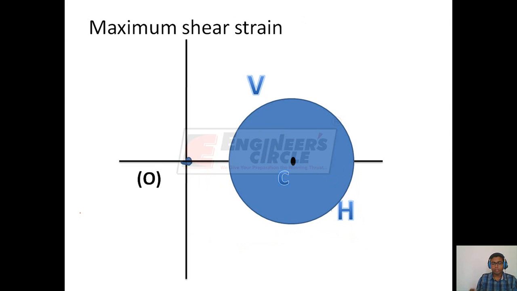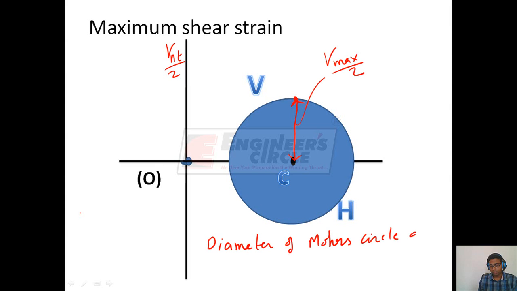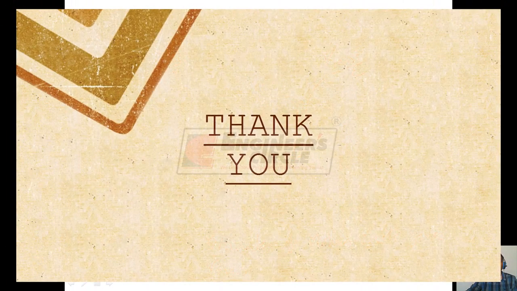Maximum shear strain: it can clearly be seen that this point is representing the maximum shear strain, as the y coordinate gives gamma nt by 2. So this CV is giving gamma max by 2. Therefore we can say that the diameter of Mohr's circle gives maximum shear strain at a point. This ends this module.